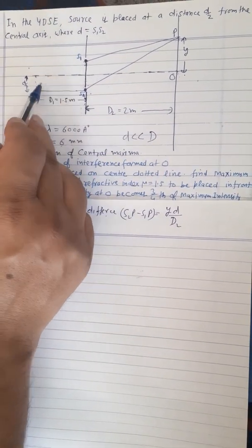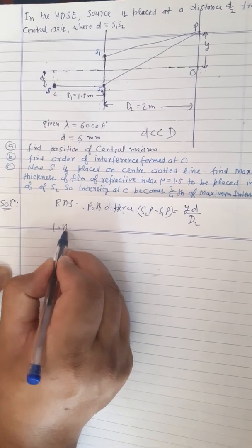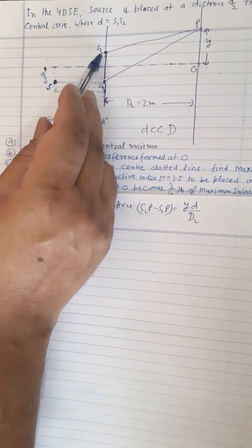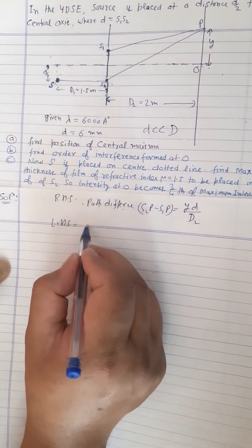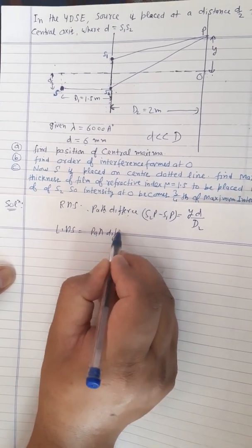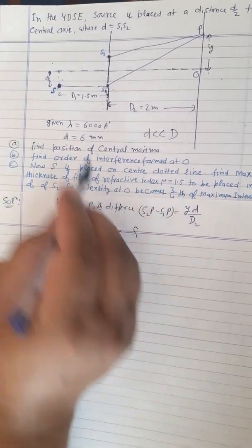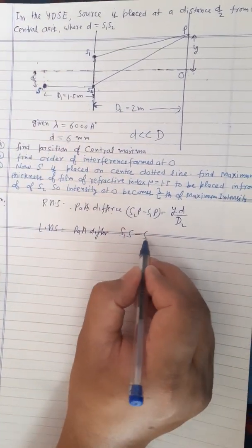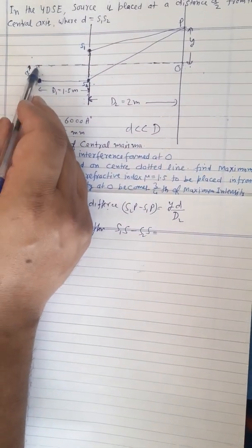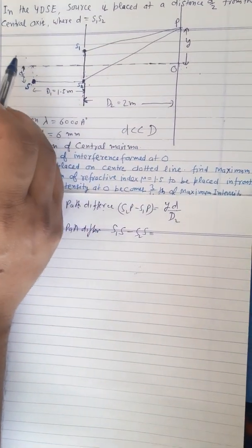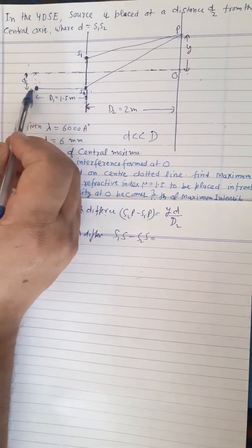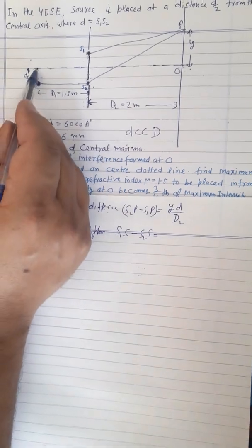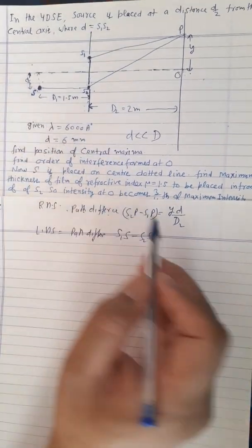On the left hand side, what will be the path difference? Here you will see S1S is greater, so the path difference is S1S minus S2S. That will be approximate. Same formula I am applying here. This position I am taking as Y1.